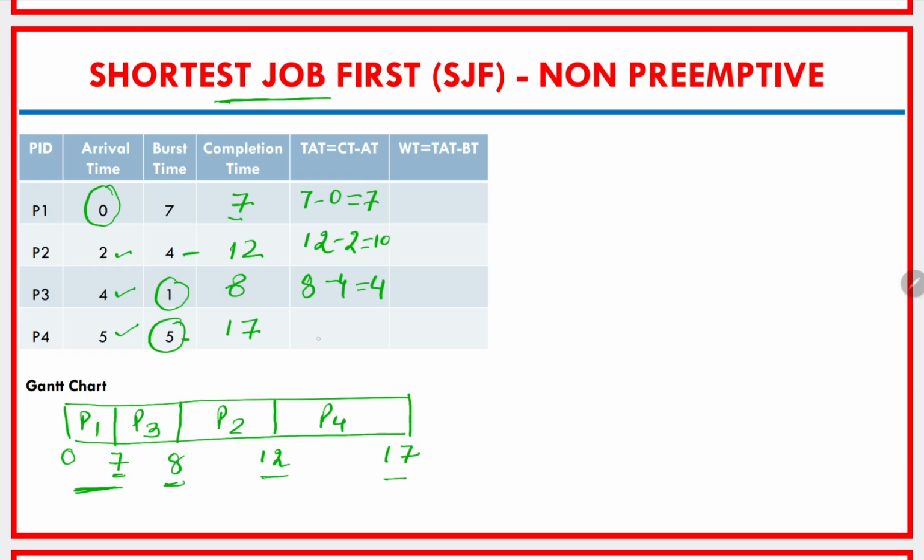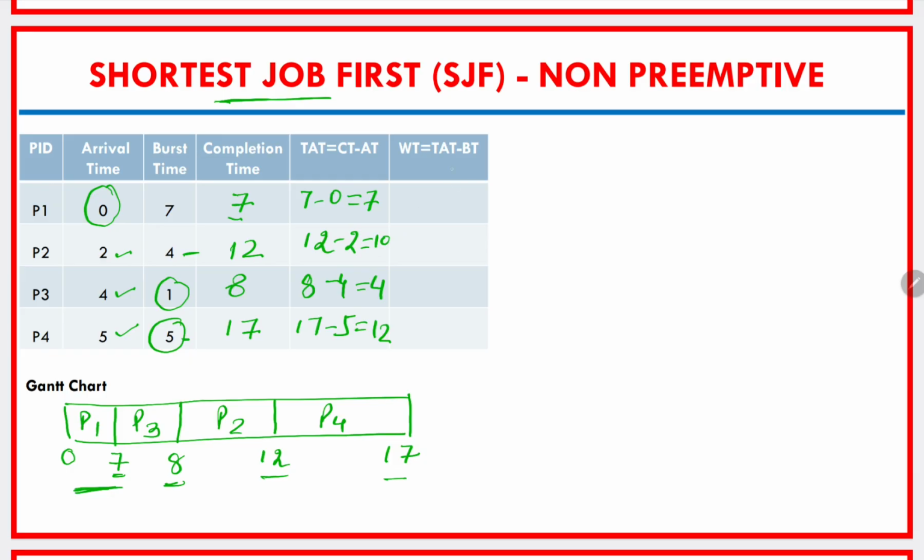And then we are having 17 as completion time for P4, and the arrival time was 5, so this comes out to be 12. Fine.